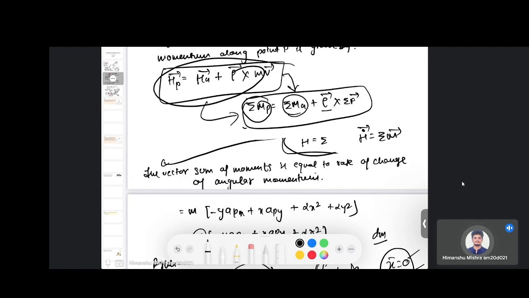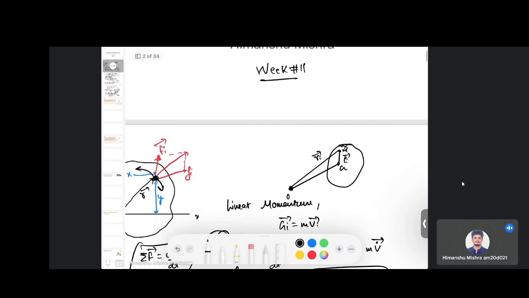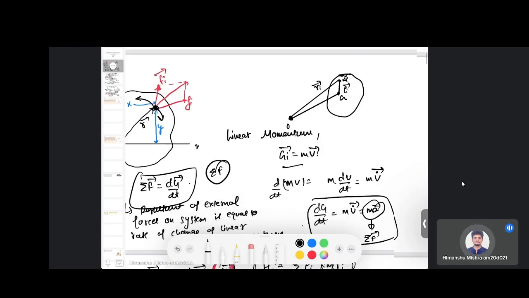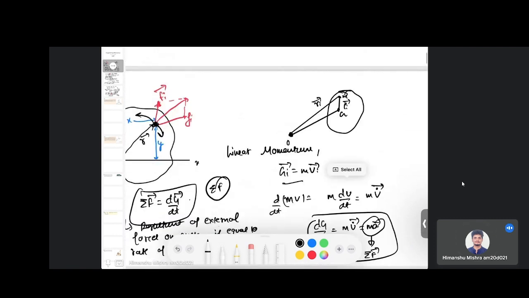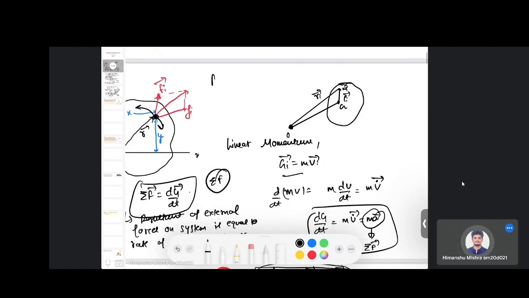So having described these fundamental concepts, let's start solving problems based on them. We have seen multiple concepts. The first concept is the relation between force and linear acceleration.